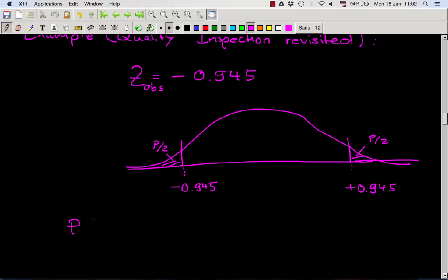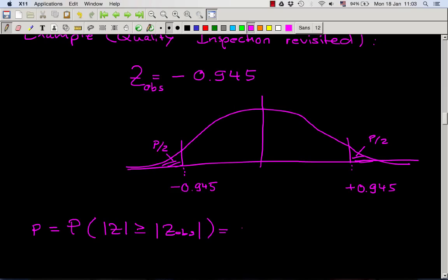And so the probability that some test statistic Z, taking the absolute value, because we are only interested in how much it deviates, is greater or equal to the absolute value of 0.945 should be p, because either it's negative, then we are here, or it's positive, then we are here.